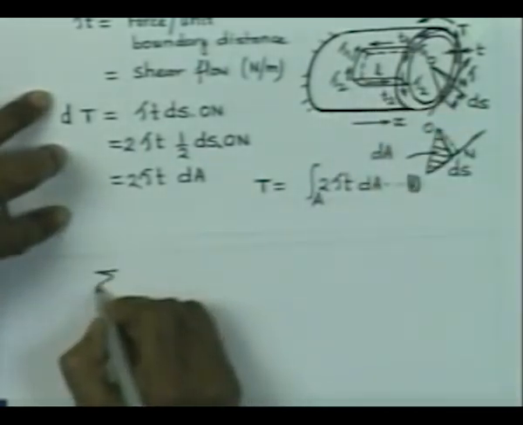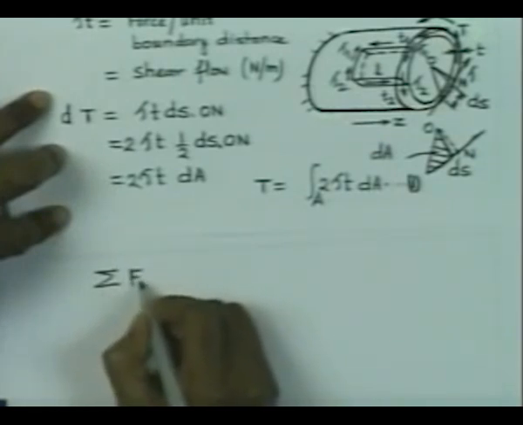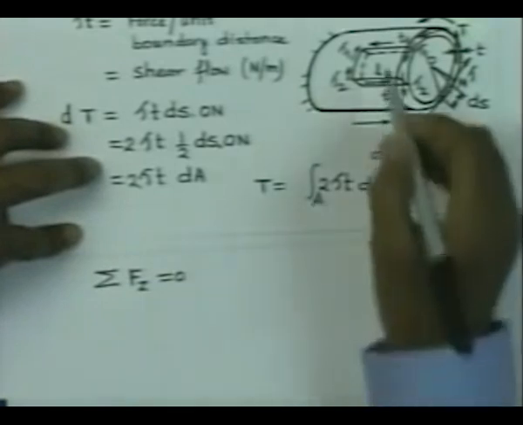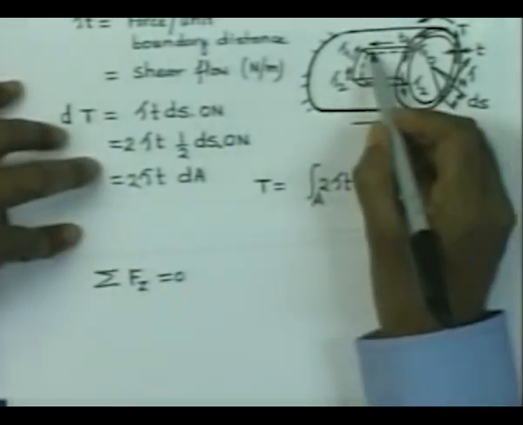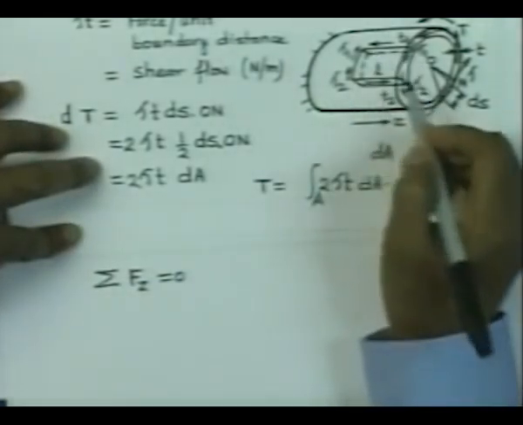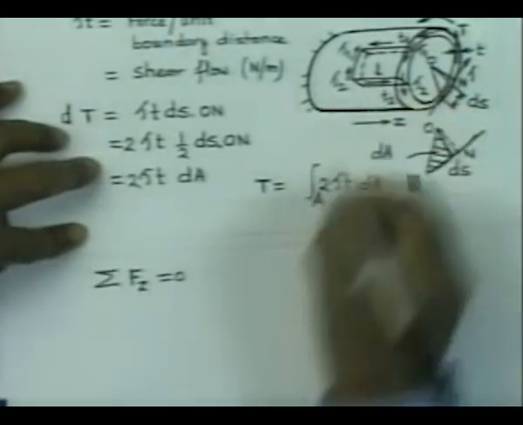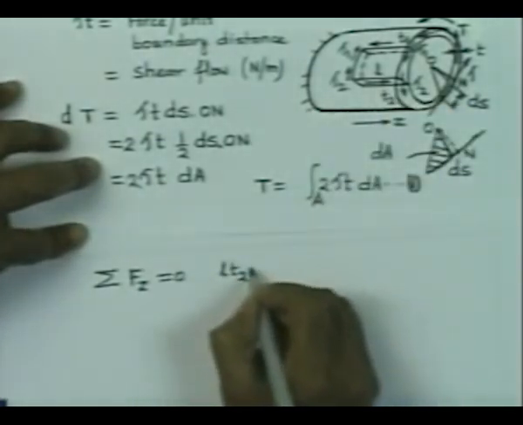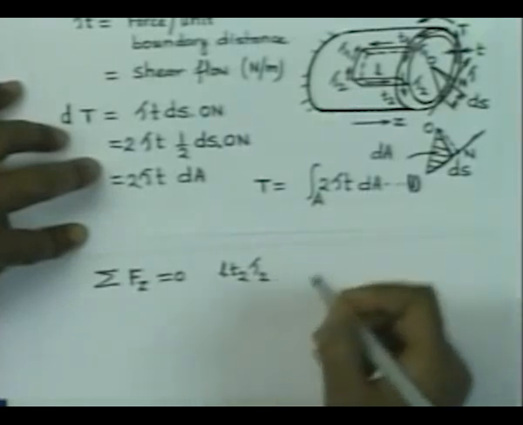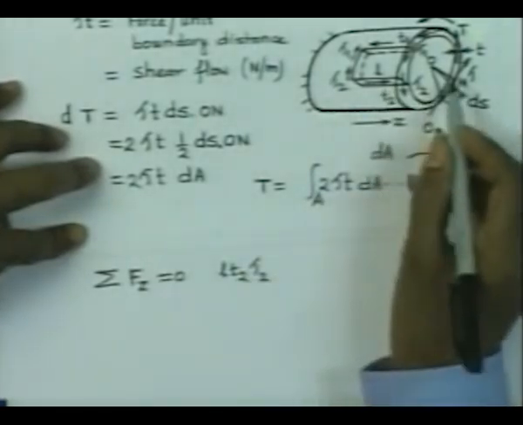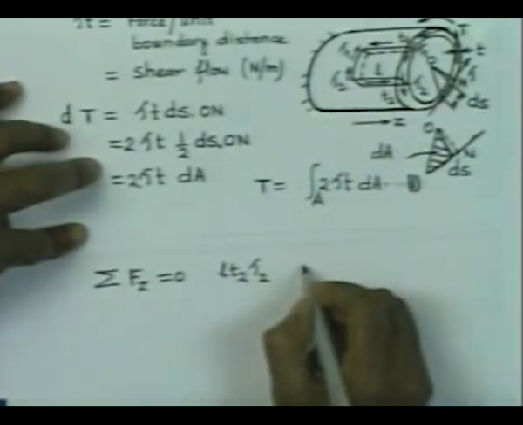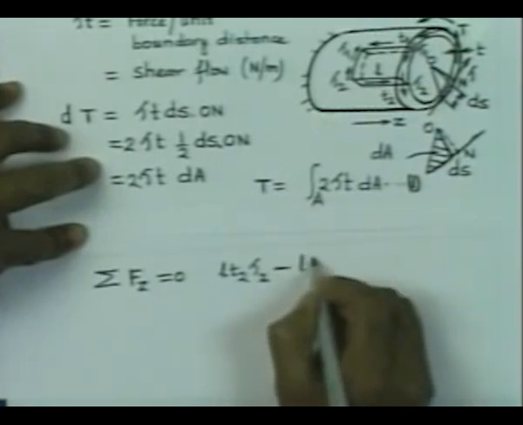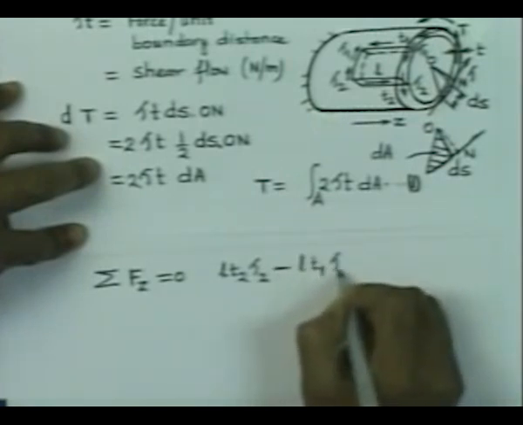Now, if I try to consider the forces in the Z direction equal to 0, then forces in the axial direction is due to only this face and that face. This force here L into T2 multiplied by tau 2 is acting in the positive Z direction, and the force on the other face it is acting in the negative direction, it is L again T1 into tau 1.